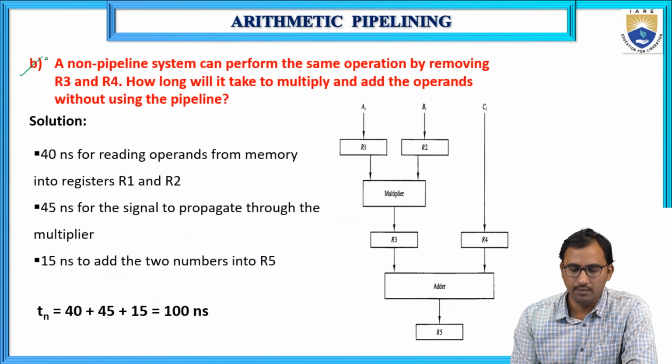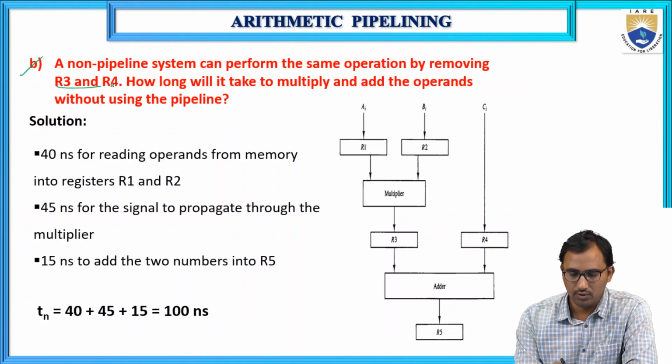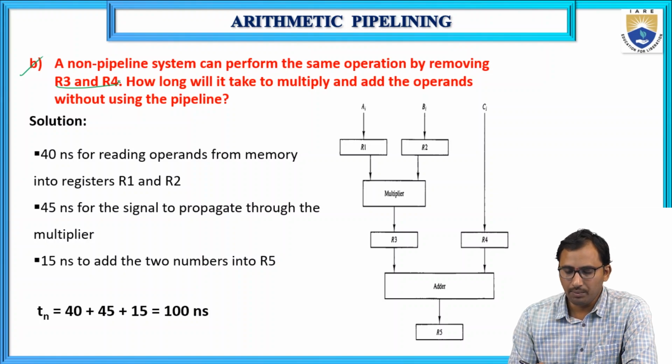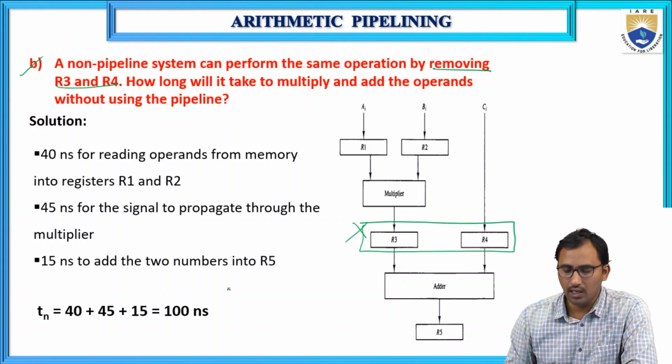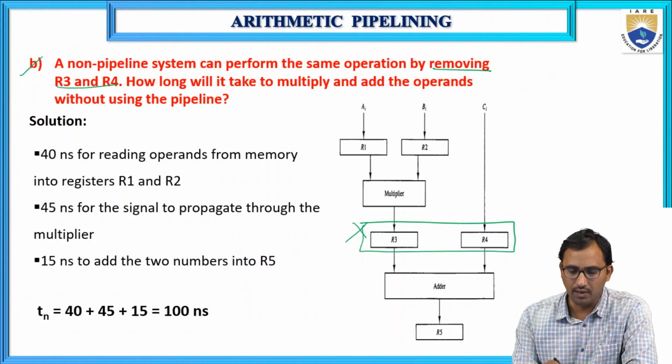Coming to the second one: a non-pipeline system can perform the same operation by removing R3 and R4. So in a non-pipeline system, it performs the same operation as before, except that the R3 and R4 registers are removed. Then we need to calculate the time required using the non-pipelined system.